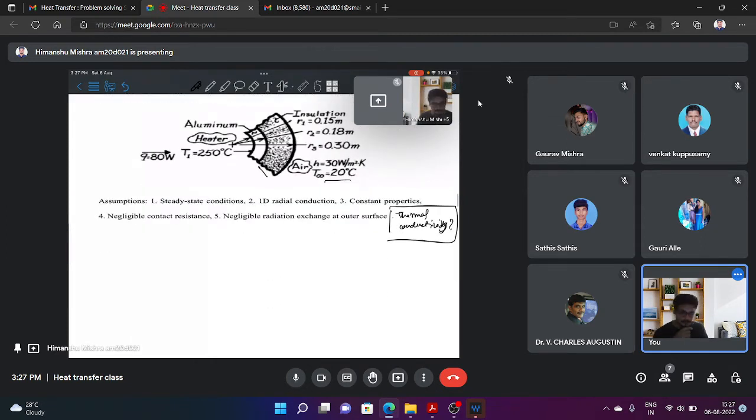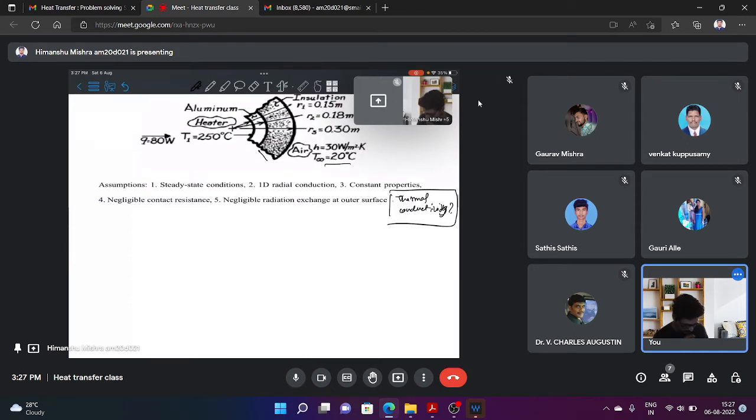So here we can use Fourier's law, which is given by, R total is my total resistance.